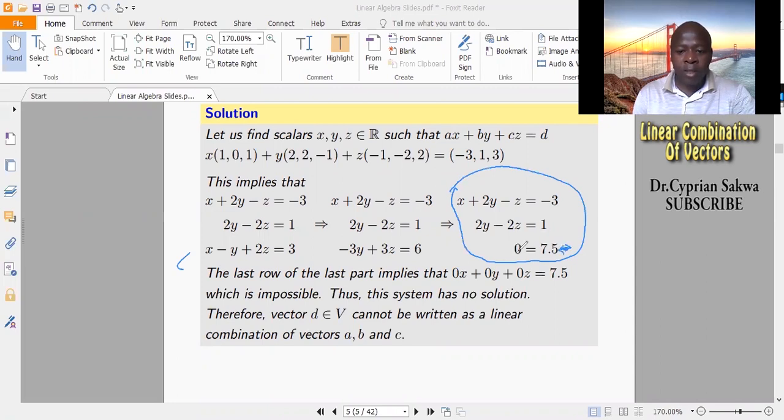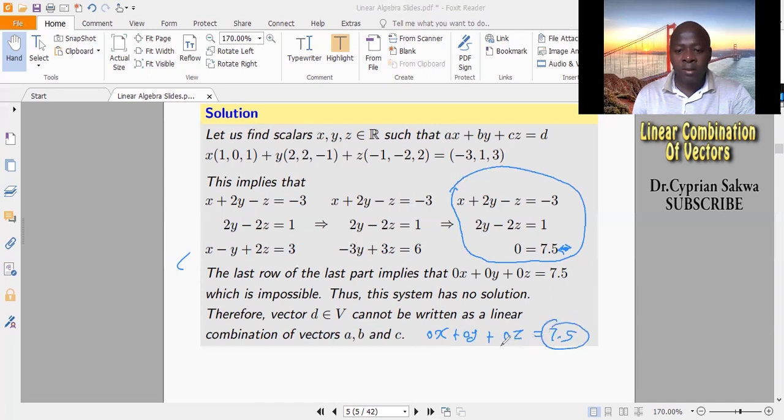What this last row means is that 0x plus 0y plus 0z equals 7.5. This is what this row means, and this is not possible. We cannot find scalars x, y, and z such that when you multiply them by zeros and add the results, you get 7.5.